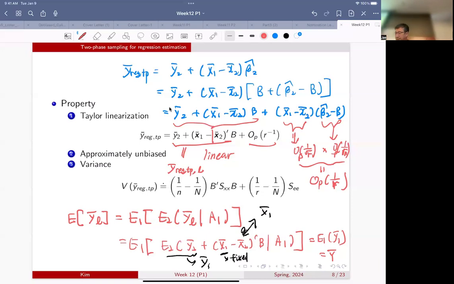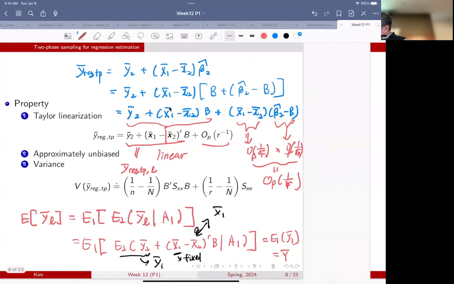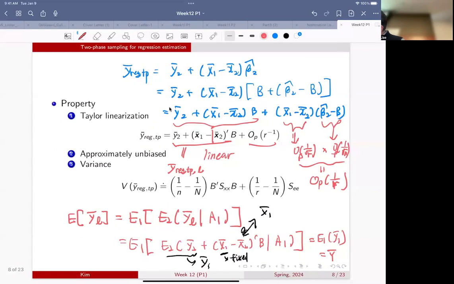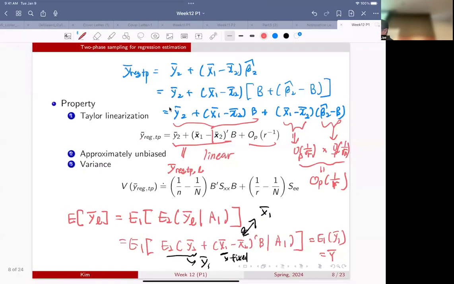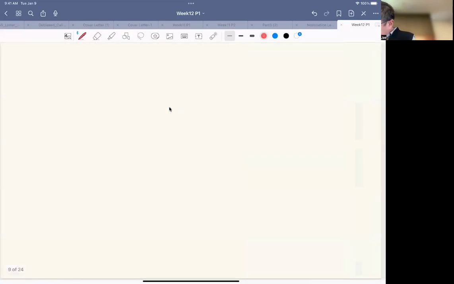And variance. We can do the same thing, but maybe we can use the extra. Now we are interested in showing this. What is the variance? We are interested in the variance of L, right?